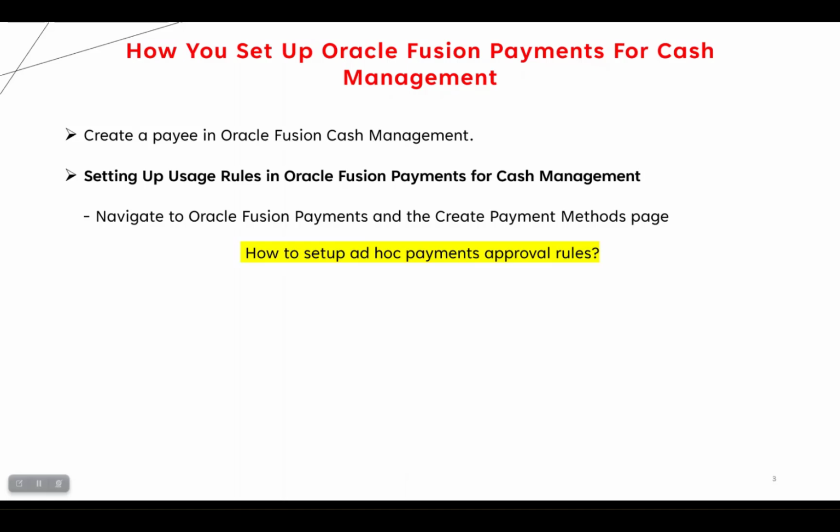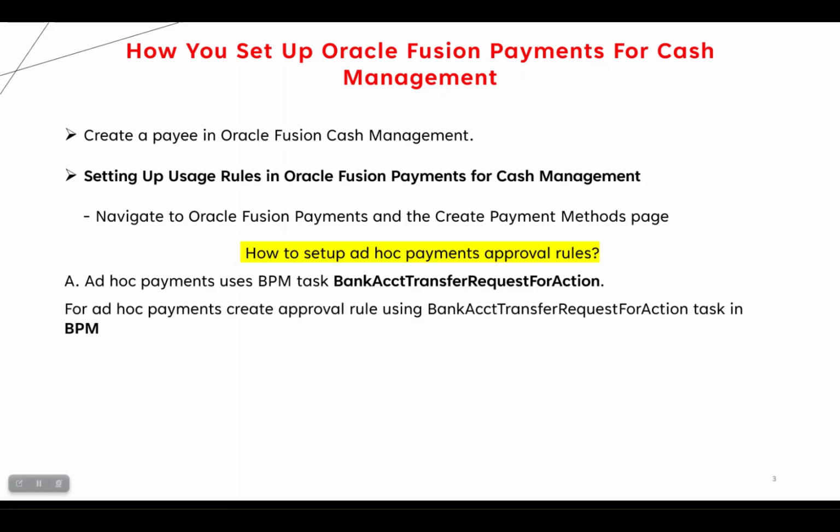After that, you will create the approval. There is one BPM task, bank account transfer request for action. This is the BPM workflow for our two transactions, bank account transfer and ad hoc payment.